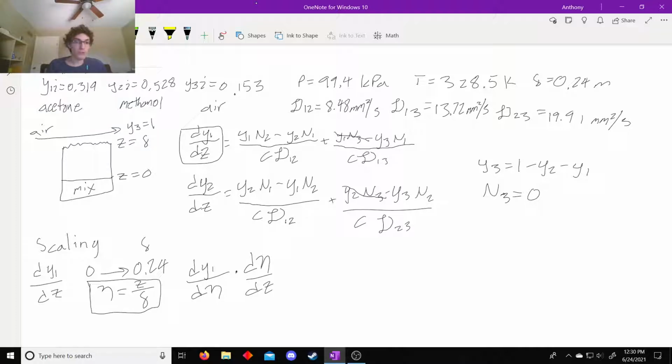Now the next thing I'm going to do is solve d eta over dz, and d eta over dz is just 1 over delta. So what we're left with is this on the left-hand side, and I'm just going to copy down our right-hand side.